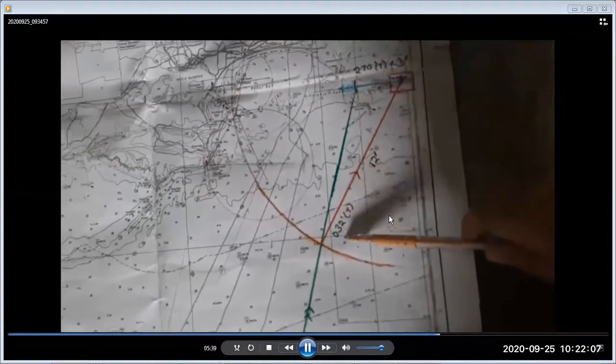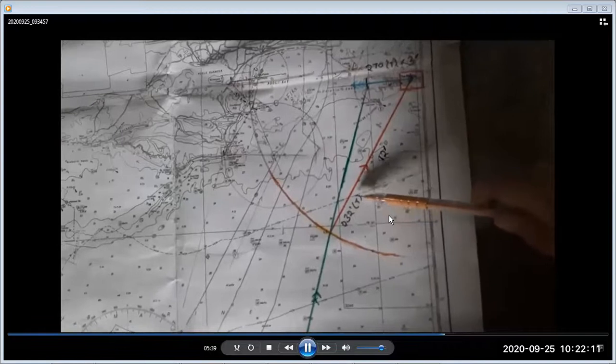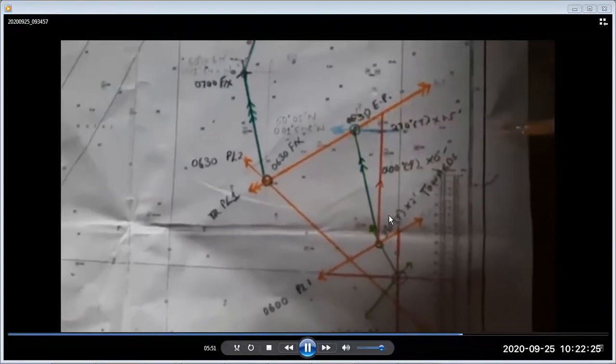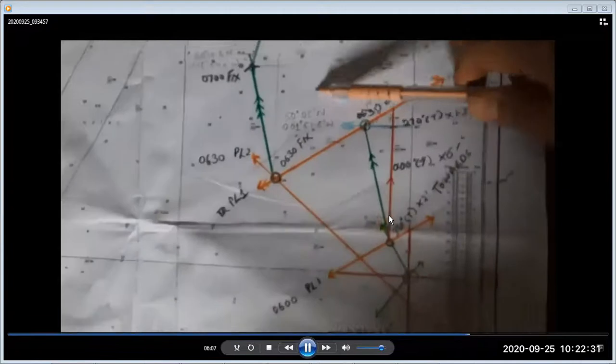The course to steer is 032 degrees true, and the fix we had asked, the 0630 position fix, is 50 degrees 05 north and 001 degrees 51.8 west.